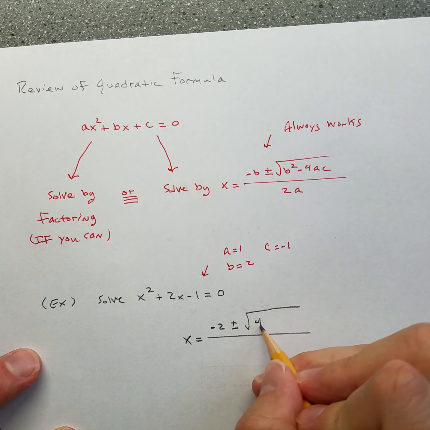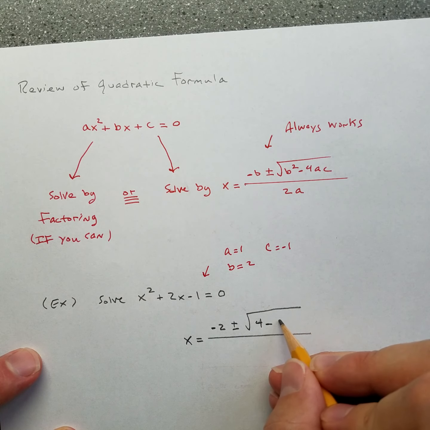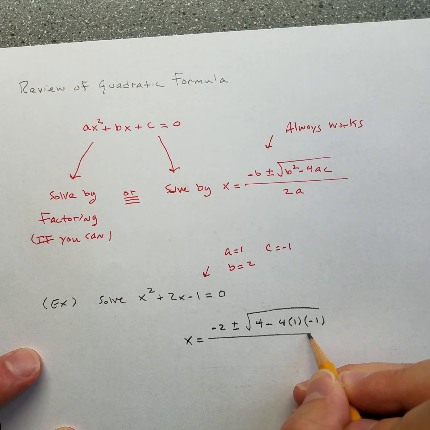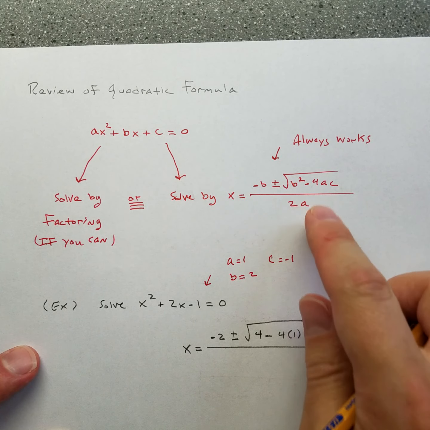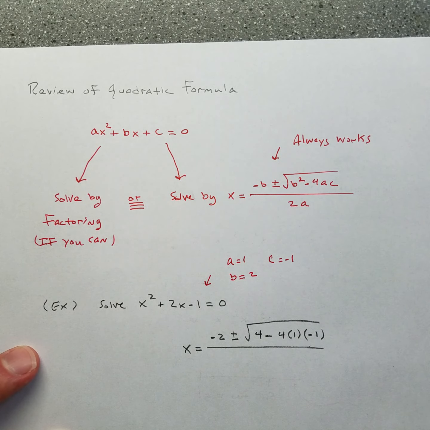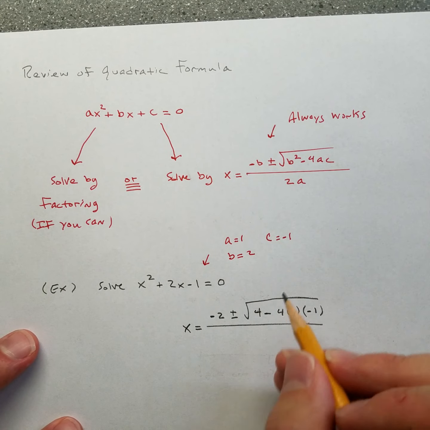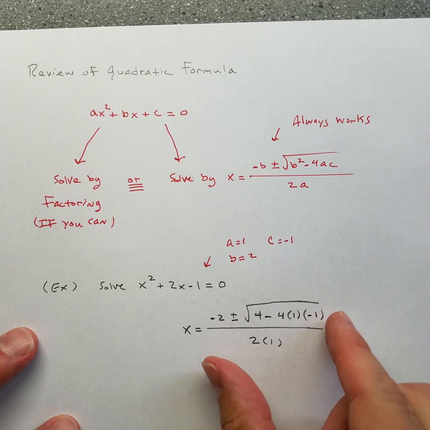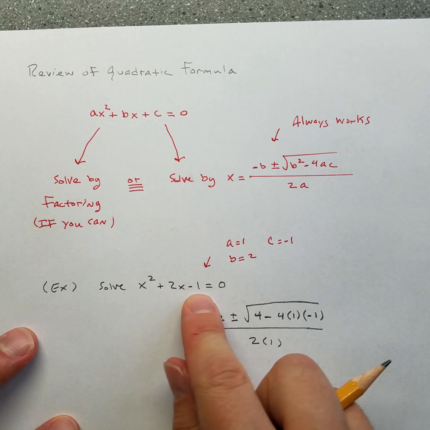What's 2 squared? 4, minus 4 times 1 times negative 1. That's b squared minus 4 times a times c, all over 2a. So I get it like that. Now there is contained my answers to this.